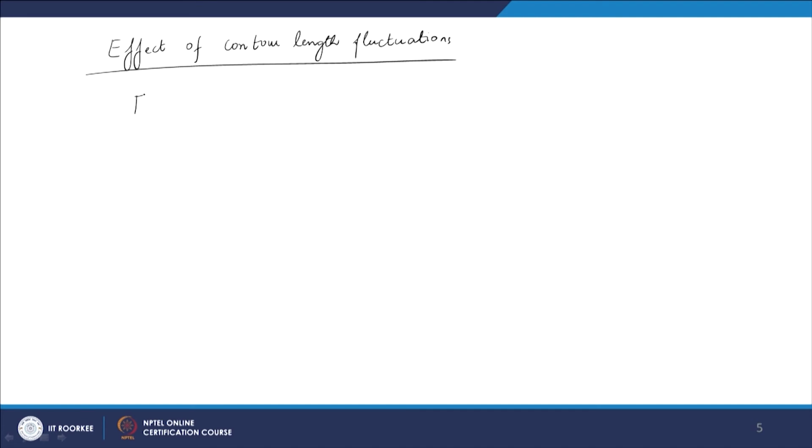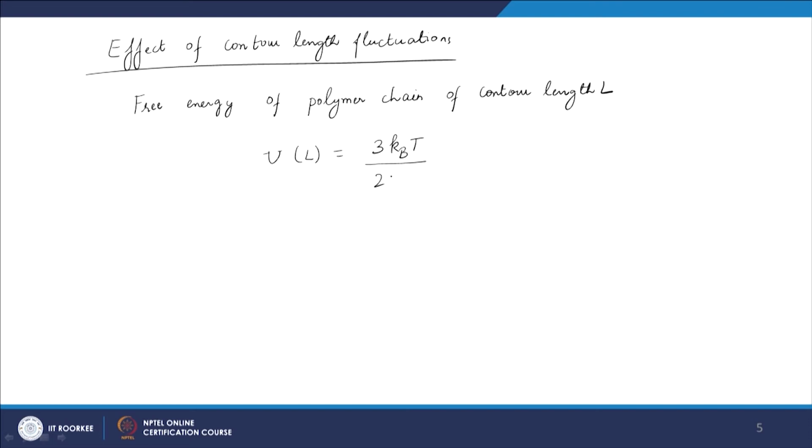So, what we say is that the free energy of a polymer chain of contour length L is given as something like this, where this is some sort of an equilibrium tensile force acting on the chain.